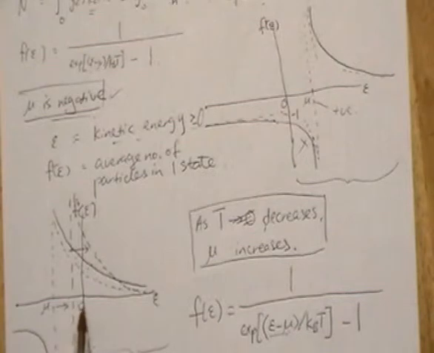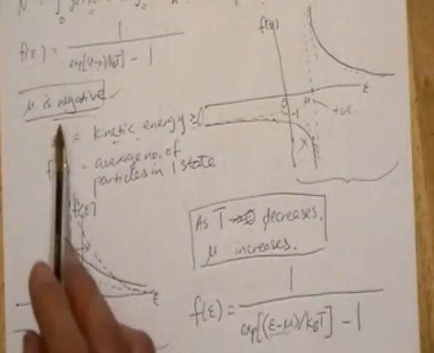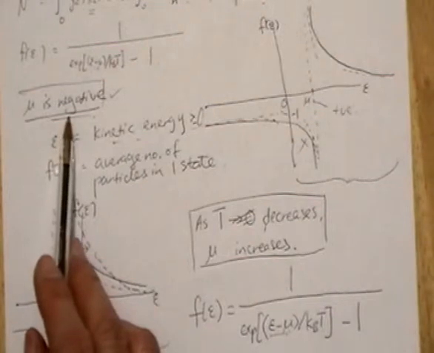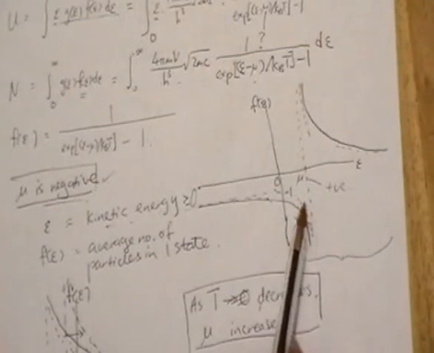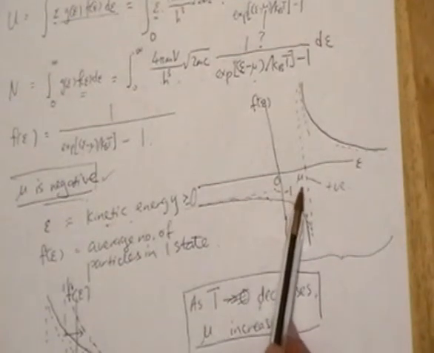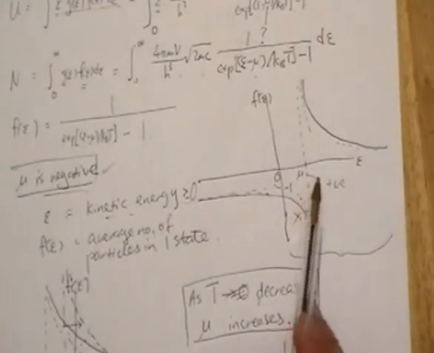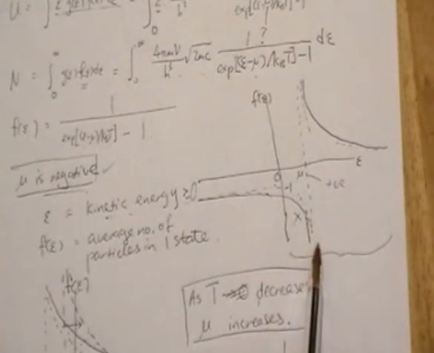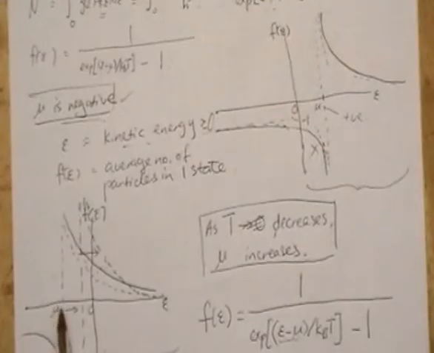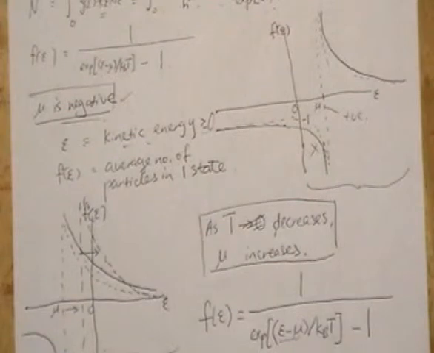It can never go beyond zero, because if it does, then mu would become positive, which is not allowed because mu has to be negative. Remember the problem when mu was positive? We would end up with a negative number of particles. So mu would move towards zero as T decreases, but always remain below zero.